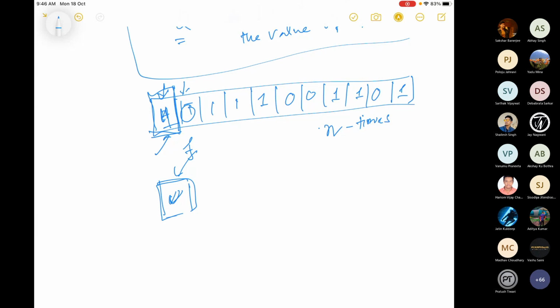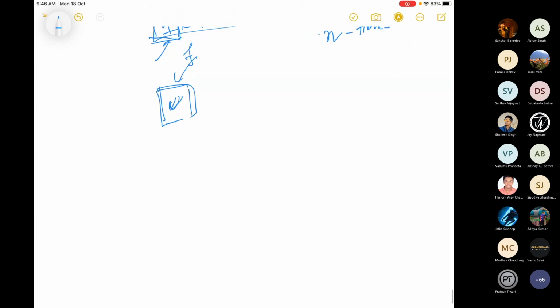So first of all, we'll assume, let x be a random variable. Whatever we are measuring is a random variable, whether it is head or tail or the face of a die, and so on.